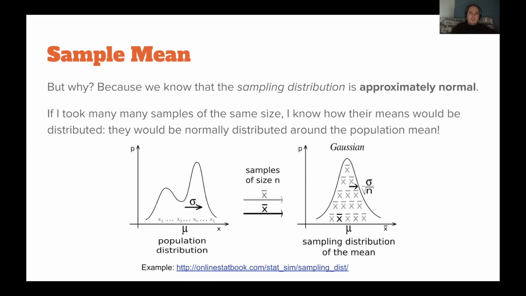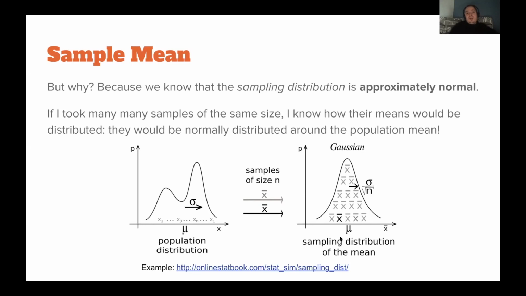Just know that we have good reason to believe that the one sample mean that you just computed belongs in a normal distribution. And that normal distribution is around the population mean.